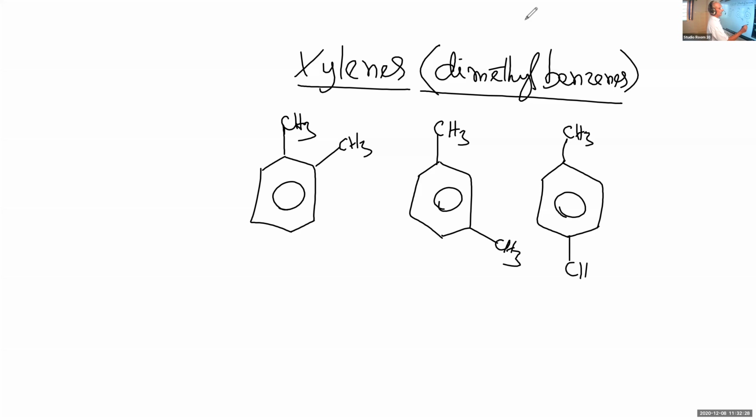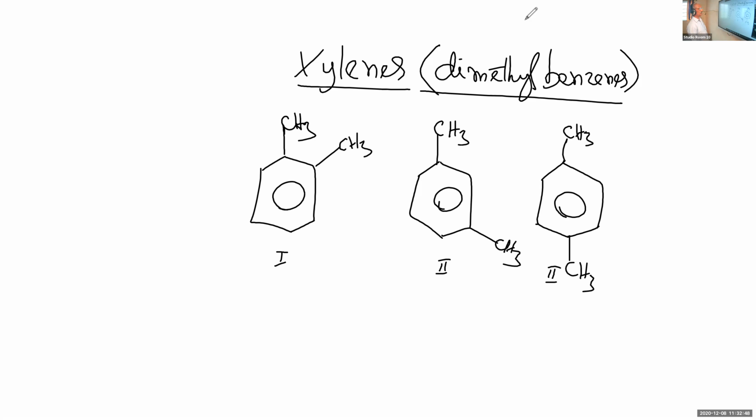See, we get another isomer. All these are isomers. And if you change it to this carbon, there is no change because it is a repetition of the second one. So one, two, and three isomers are possible.